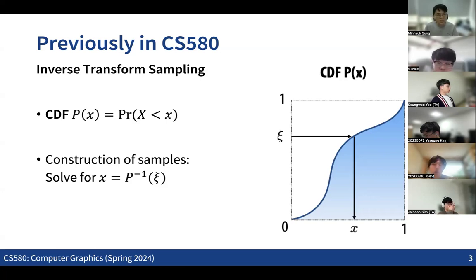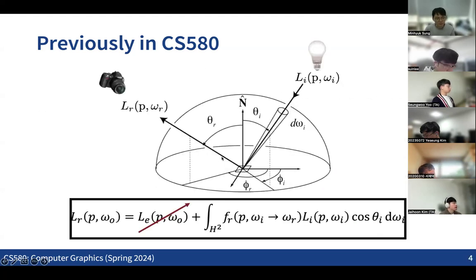And so the question is how we can apply this idea to the reflection equation. What we are doing in our ray tracing system is all about computing an integral.